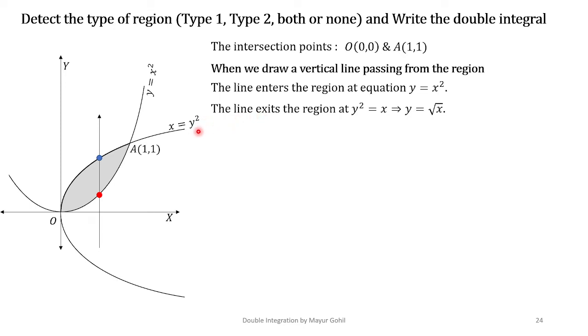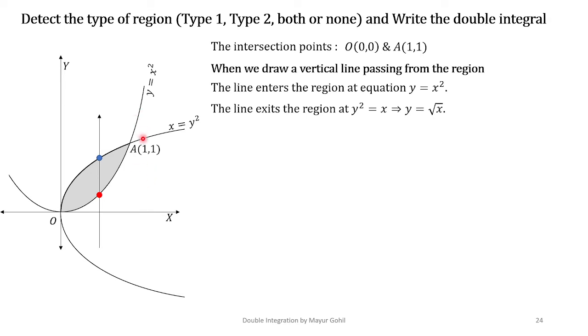This x equals y square can be written as y equals root x. Why have we written y equals root x? Because it's going to take only positive values in the upper part of the parabola. This also we have seen in our previous videos, how to deal with a part of a parabola and the entire parabola.